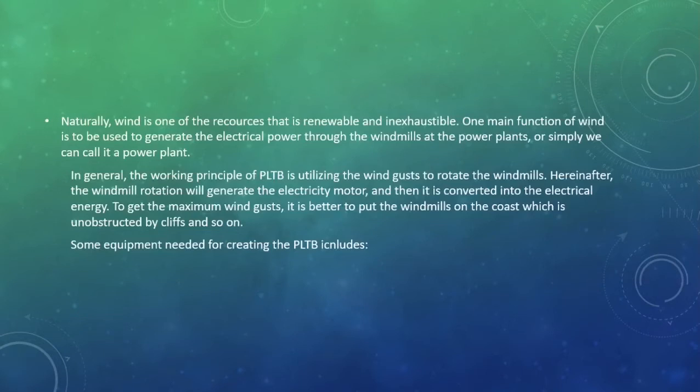In general, the working principle of PLTB is utilizing the wind gusts to rotate the windmills. Hereinafter, the windmill rotation will drive the electrical motor, and it is converted into electrical energy.